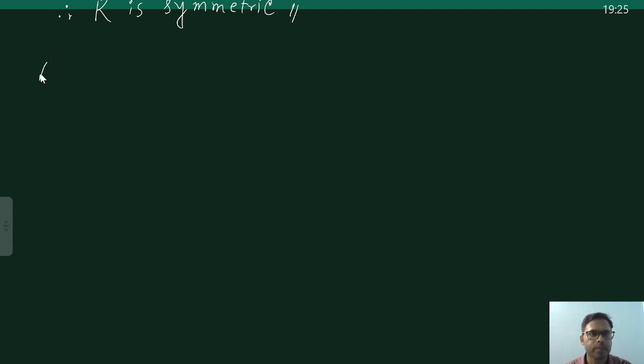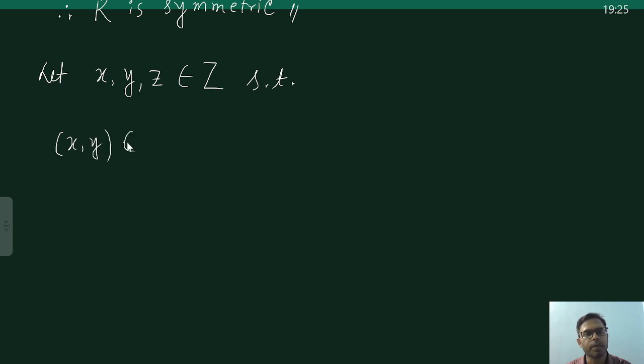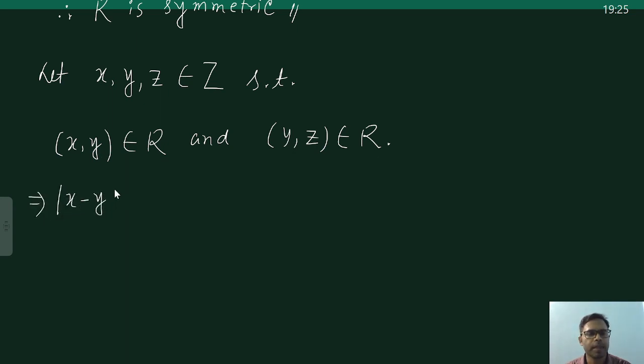Let x, y, z be from the set of integers Z such that this ordered pair xy belongs to R, and the second ordered pair yz also belongs to R. So xy belongs to R implies mod of x minus y is divisible by n.